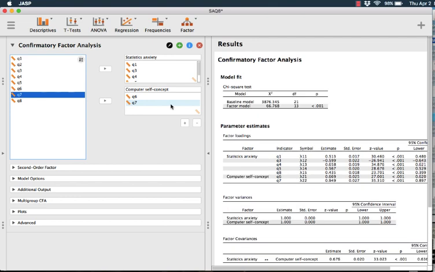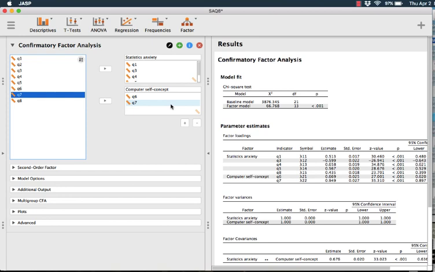And you can see that there's already some things happening over in the results side. Now, the thing we need to talk about now is what do we do with all of this? Well, there's sort of 2 things that we're going to do. One is we want to look and see, based on the picture that we drew of this proposed model, what are the estimates?